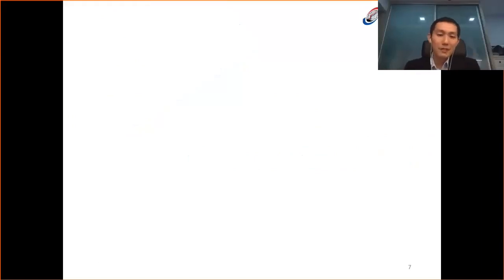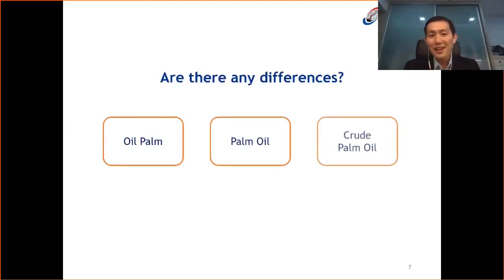Now, the first question that I would like to ask you is, are there any differences in these three things? There is oil palm, there is palm oil, and there is another one, which is crude palm oil. Can you let me know whether there is any difference between oil palm, palm oil, as well as crude palm oil or not?